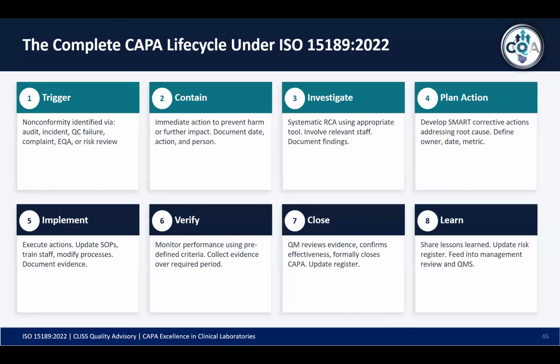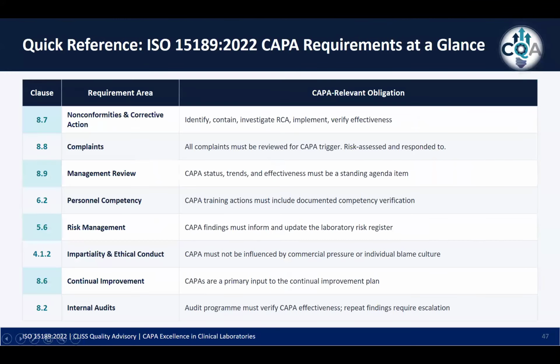And then finally, you learn from your non-conformity report. What is it that you learned from the non-conformity? You need to report back to the team and also report at management review level. Okay, here we have a quick reference of the clauses that speak to non-conformity management or CAPAs. 8.7 mainly.